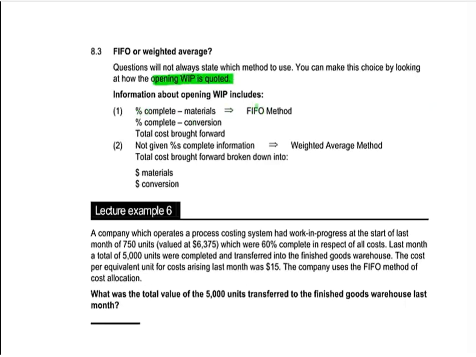If it gives you the percentage complete, then you need to use the FIFO method, because you need those percentages to work out the percentage that you have to finish off in the period. If, however, it gives you your total costs broken down for opening work in progress in dollars, then you use the weighted average method, because you'll be bringing those costs brought forward into your cost per equivalent unit.